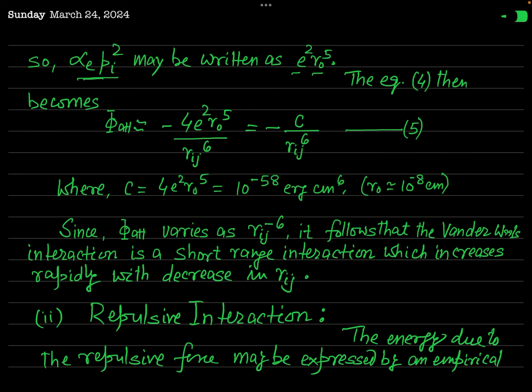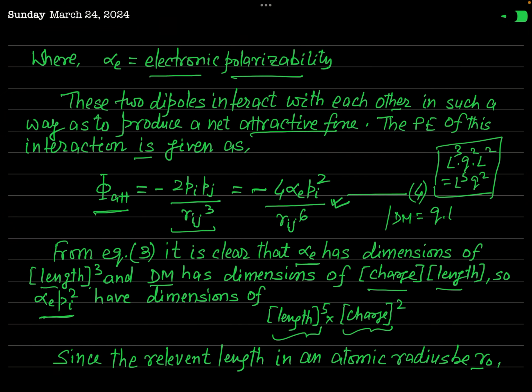So dimensionally e square times r0 to the power 5 will be the same as alpha E times pi square. So for an empirical relation, alpha E times pi square may be replaced by e square times r0 to the power 5.